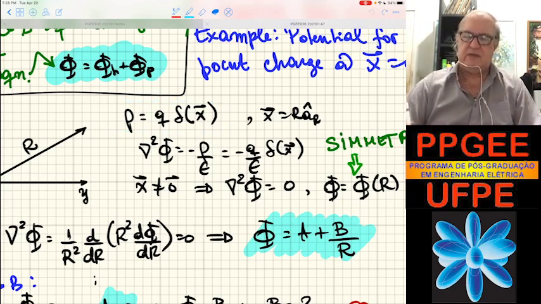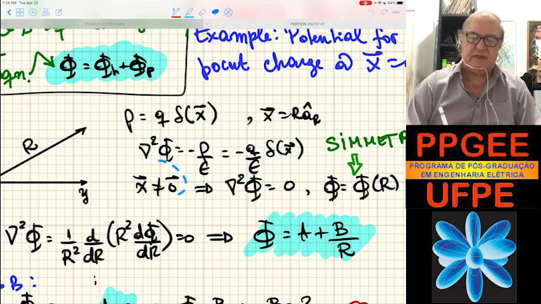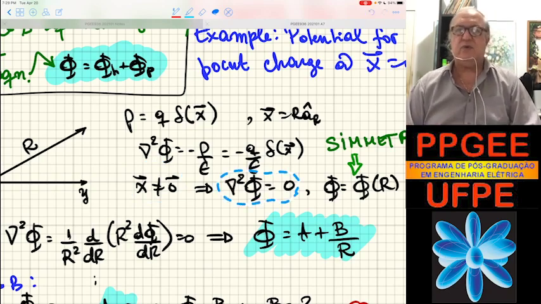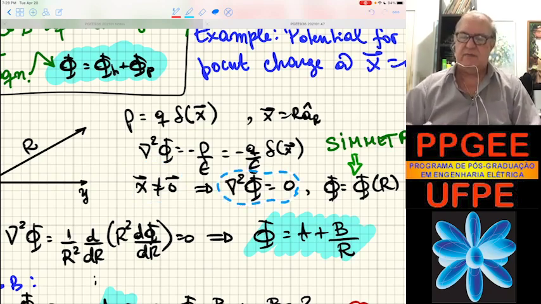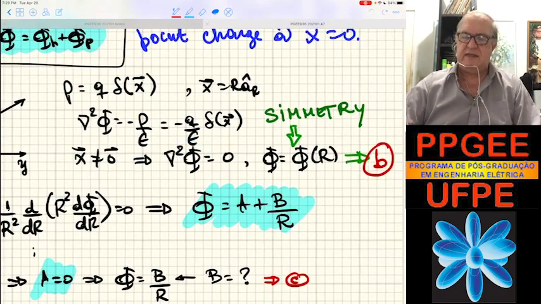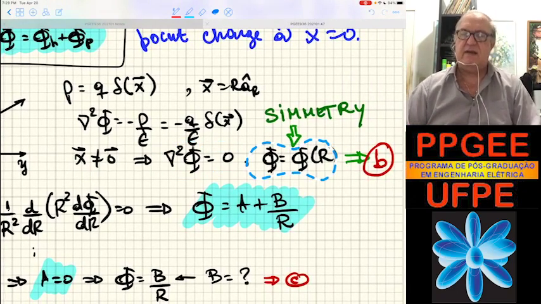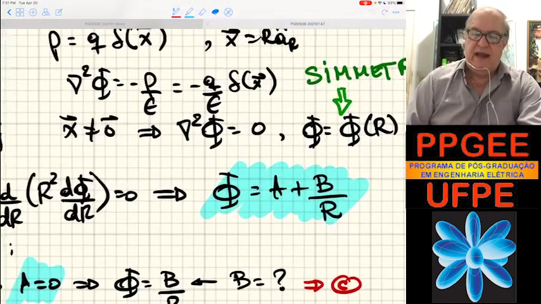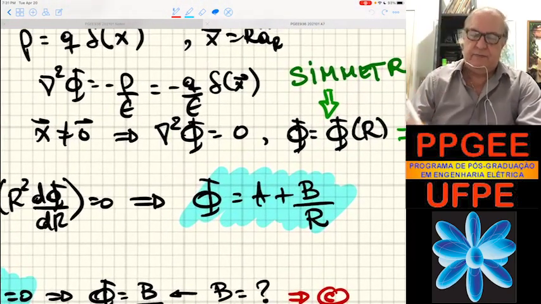So Poisson's equation is this one here, right? But for x different from 0, we have a Laplace equation. So let's look at the solution for x different than 0, knowing that phi is only a function of the radial coordinate.